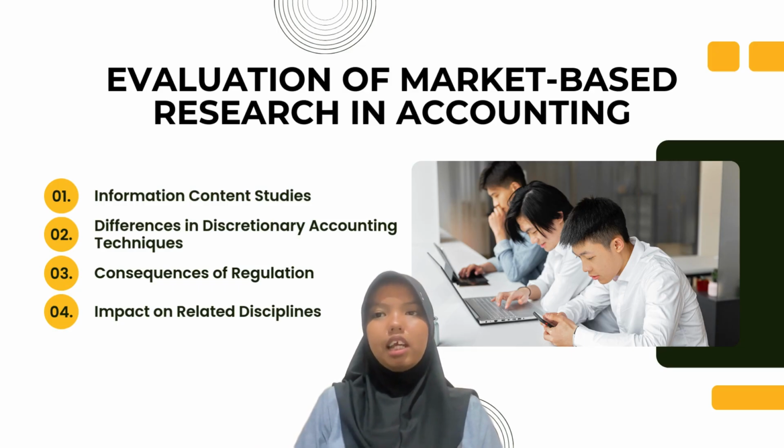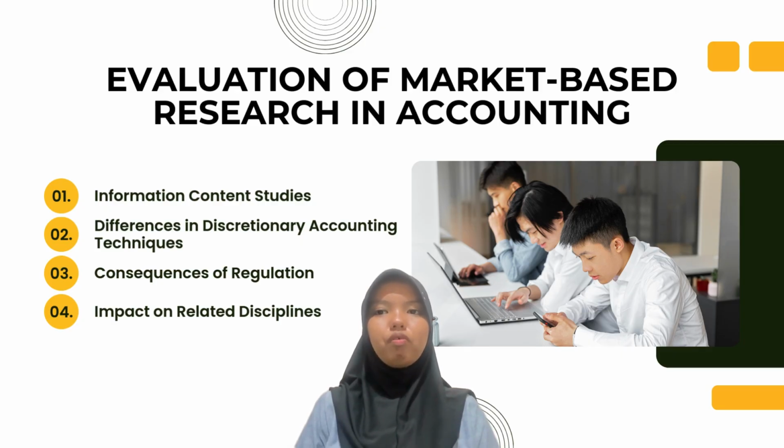The second one is differences in discretionary accounting techniques. This looks at how differences in accounting policies chosen by management, such as depreciation method and inventory valuation, influence how the market perceives the company. The third one is consequence of regulation.